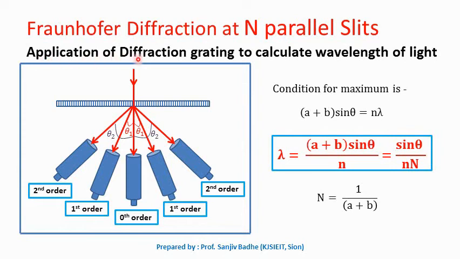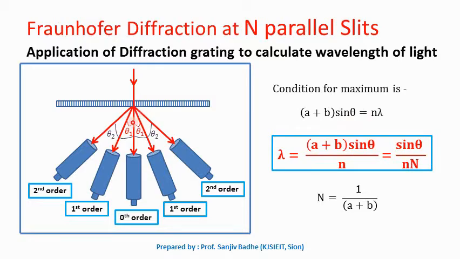One of the important applications of diffraction grating is to calculate wavelength of light. To calculate wavelength of light, we will make the light rays incident on a diffraction grating in the perpendicular direction. The condition for maximum is (a+b) sin θ equal to nλ, where n is an integer. When we put n equal to 0, θ will be equal to 0.